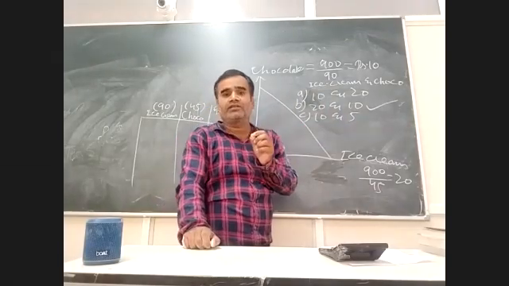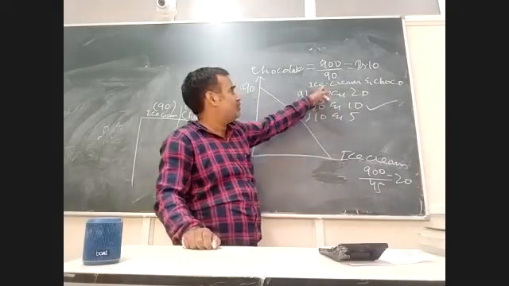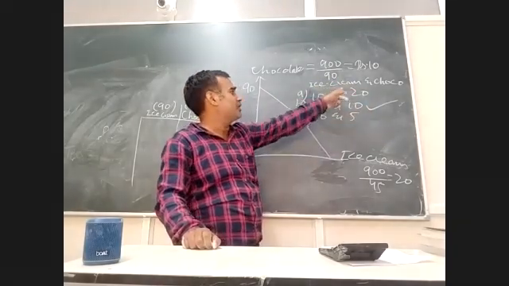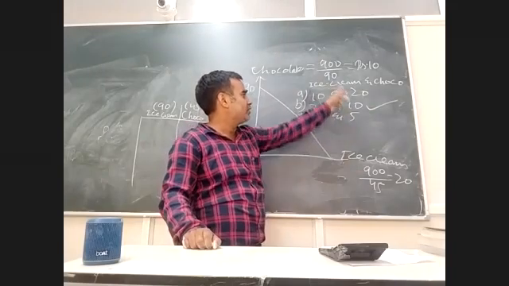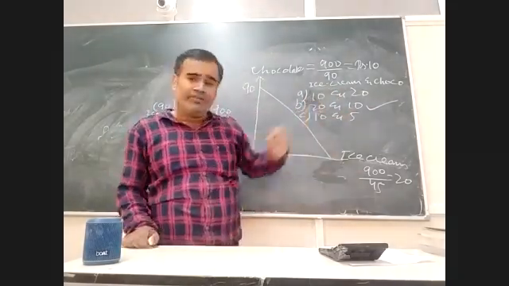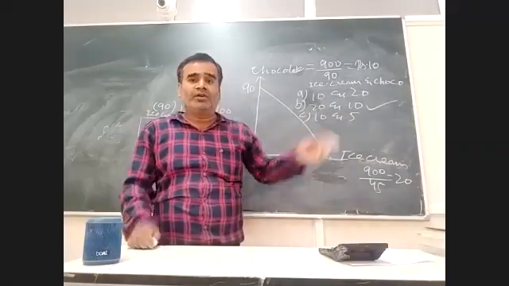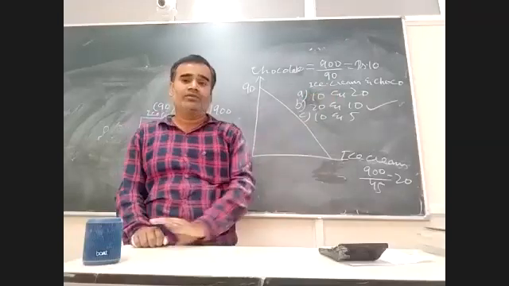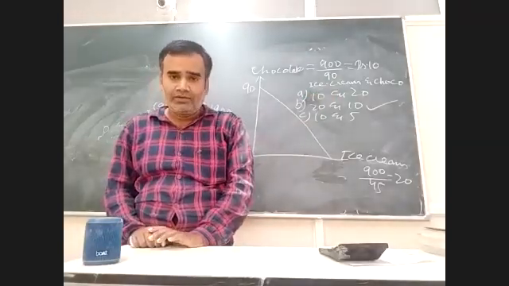So I read the question. The question is telling that the first product is ice cream, then the chocolate. So we'll follow that order. For ice cream 20, and for this 10, so option B is the correct answer. Even if options A and B have the same numbers, option B is correct because of the order given in the question for the products.